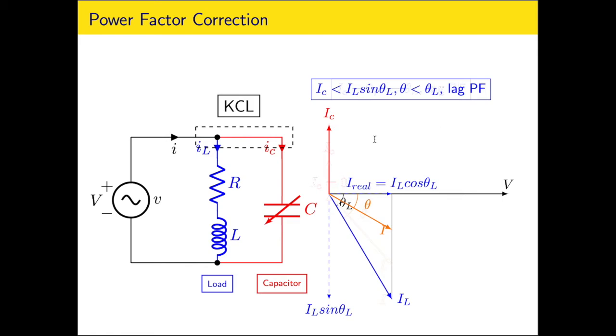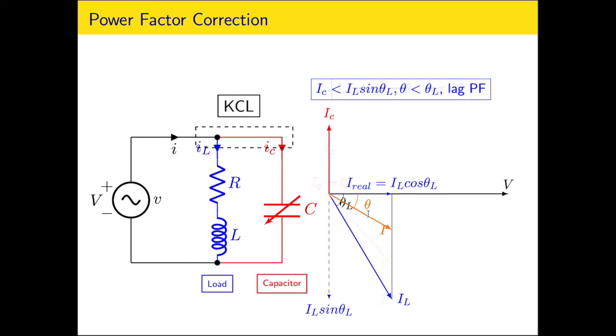Now let us increase the compensation such that the IC value is increased. Now what we will see is that IC is still not equal to the IL sine of theta L. So, on a similar line of discussion, the current I drawn from the supply will also be of lagging nature.